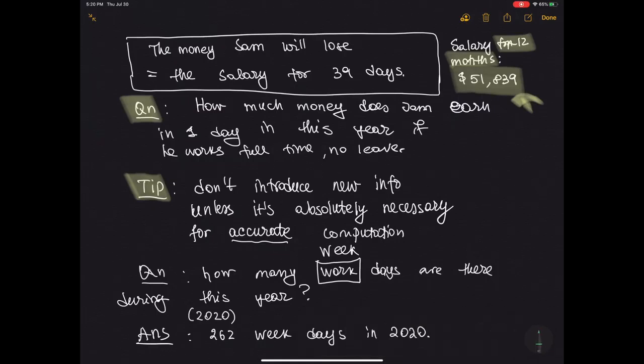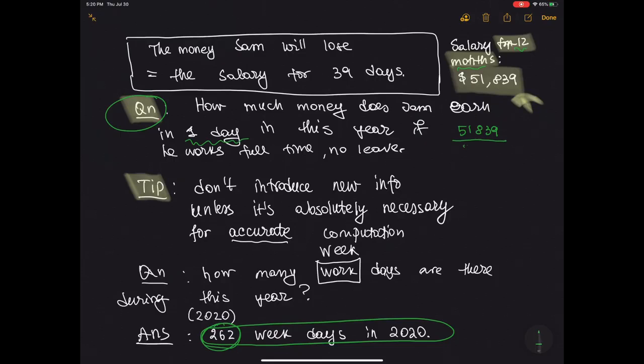So with this information, we can answer the question of how much money Sam earns in one day in this year. Well, he earns 51,839 for 12 months, so it's for 262 days.